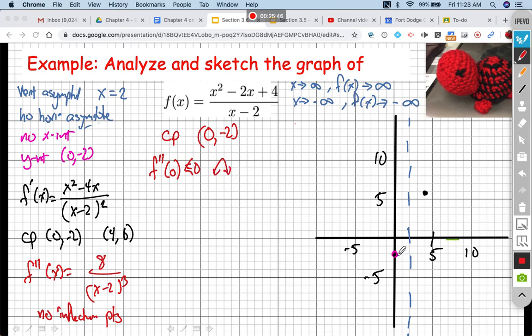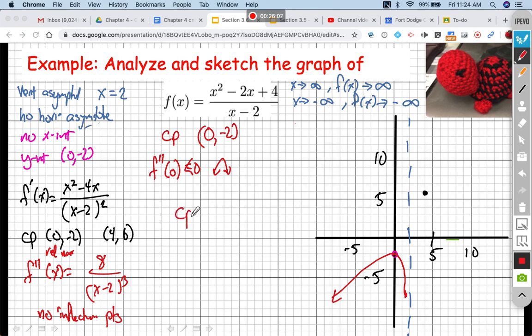I know at this point this is a relative max. So this is going to have to come down here. And this is going to be going down to infinity. If I had figured out that flat asymptote, I could draw that a little clearer, but that's good enough there.